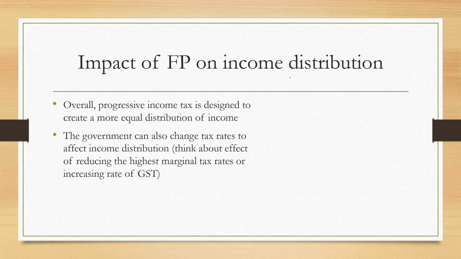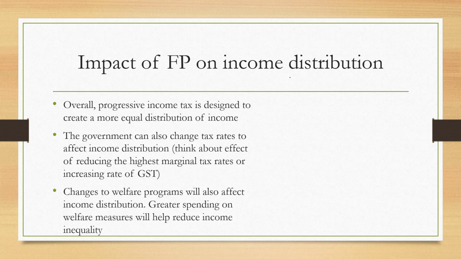Or if the government reduces the rate of GST, well, we know that people on lower incomes pay a higher proportion of their income in GST because they spend more, higher MPS. So if the government reduces the GST, then that could improve income equality.